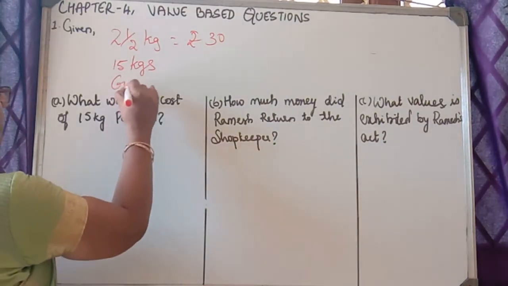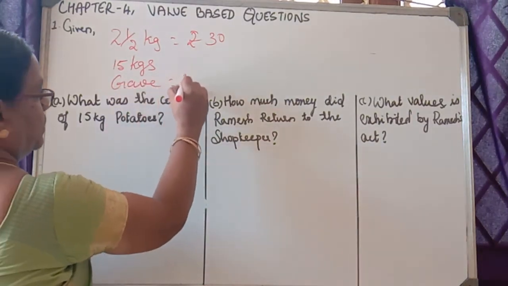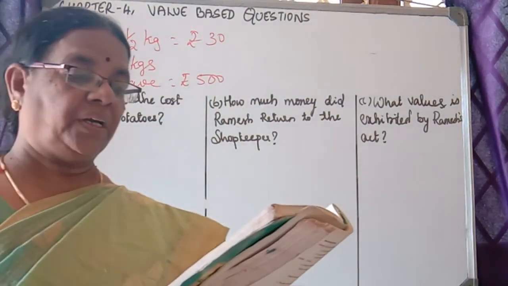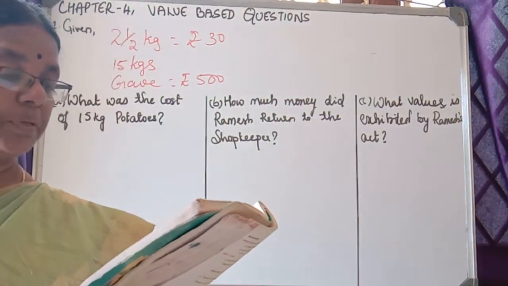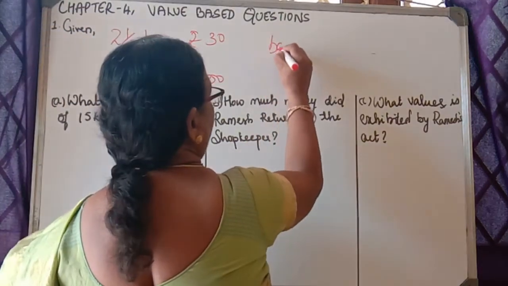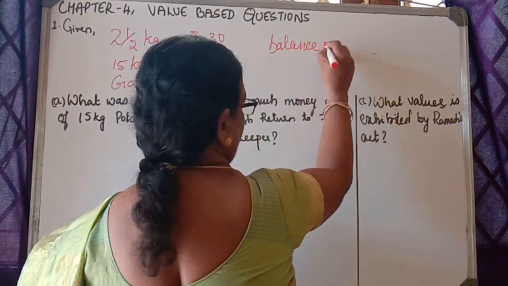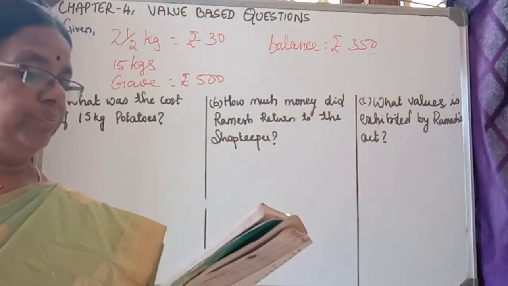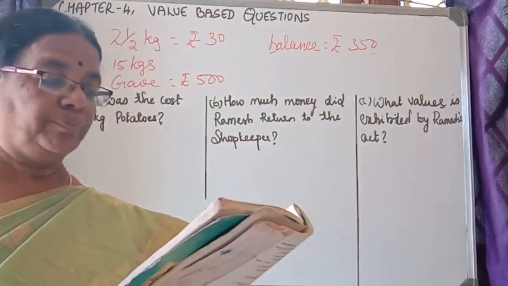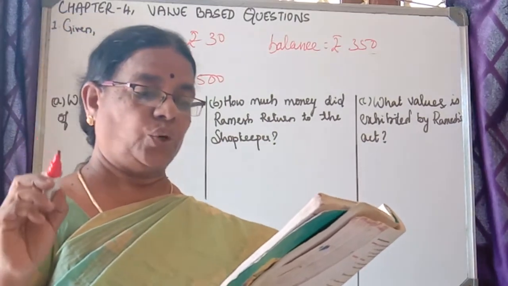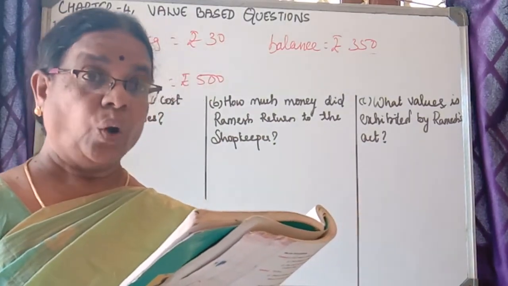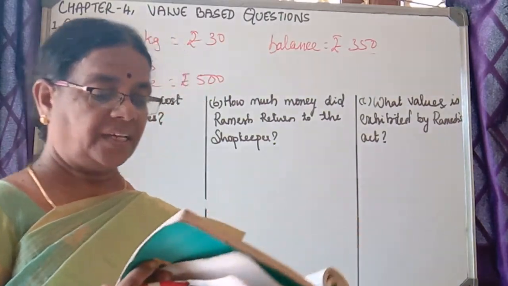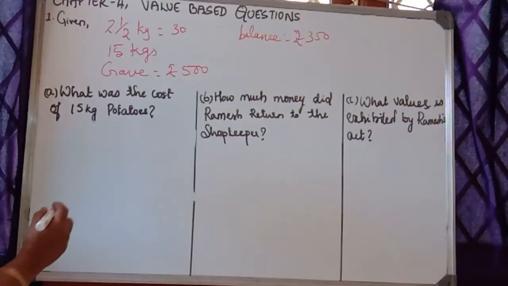How much did he give? Rupees 500. The shopkeeper gave him back a balance. The balance is rupees 350. Now, on the way back home, he realized that the shopkeeper had returned him more money. Ramesh went back to the shop and returned the extra amount.